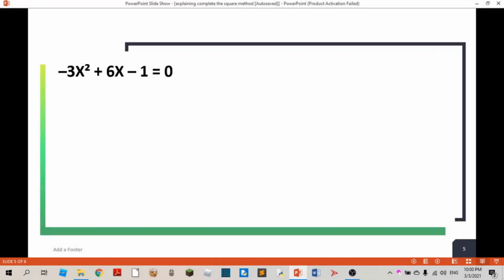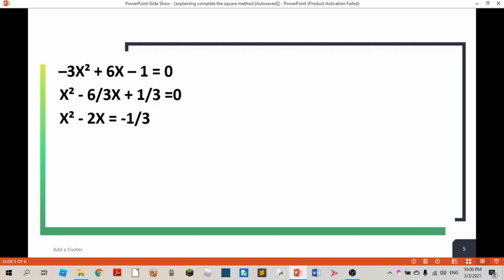Next, we have another example, negative 3x squared plus 6x minus 1 equal to 0. In order for the complete the square method to work, the value of a will have to be 1. In this case, we will divide by negative 3 on the other numbers as well. This will give us x squared minus 6 divided by 3x plus 1 divided by 3 is equal to 0.